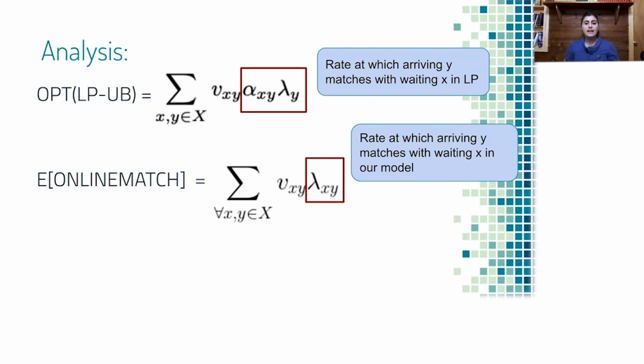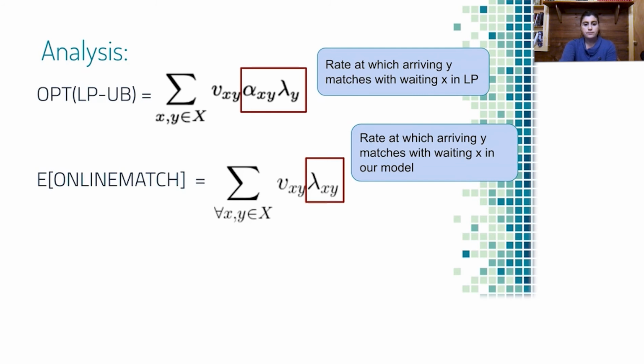And this alpha xy lambda y is capturing the rate of some event where y is arriving and matching to our waiting x. Now, we can translate that into the way we think about this expectation of online match. You're going to have some event in which you have a type y arriving and matching to an x that is present in the system. And for each of those, if we just multiply it by V of xy, we're going to get the expected value that we're going to get over the time window of our algorithm.